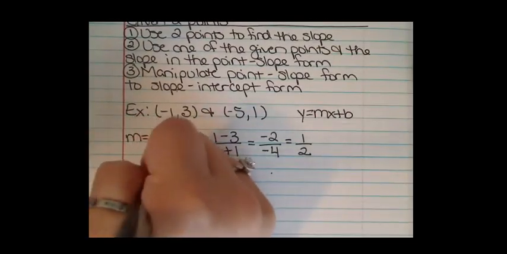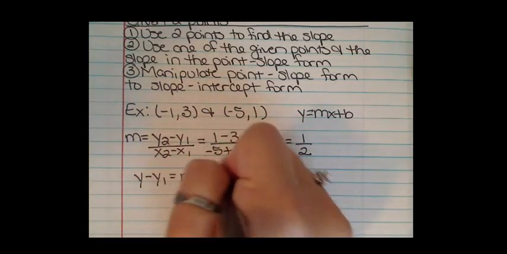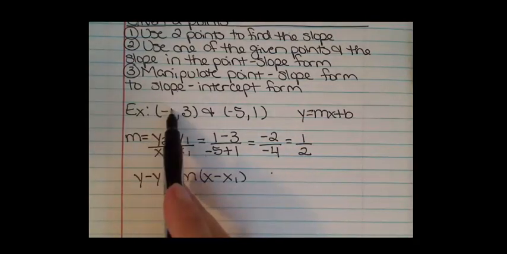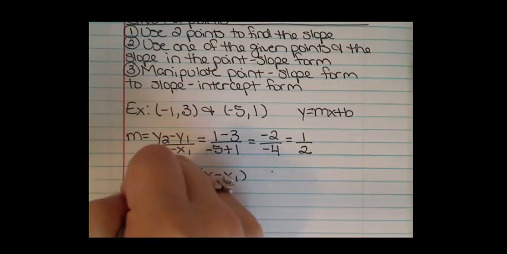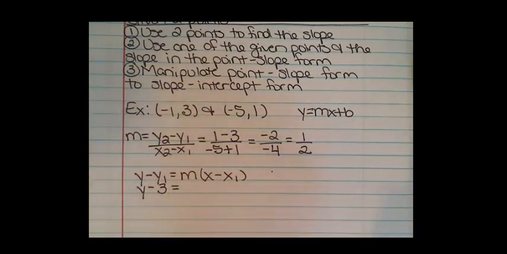And it does not matter which of these points you use. You're going to get the same answer. I'm just going to use the first one because it's listed first. So we have y minus y1, which will give me 3. And then our m we just said was 1/2. Then we have x minus our x1, which was -1, so that becomes +1.